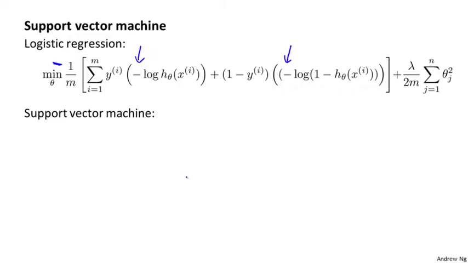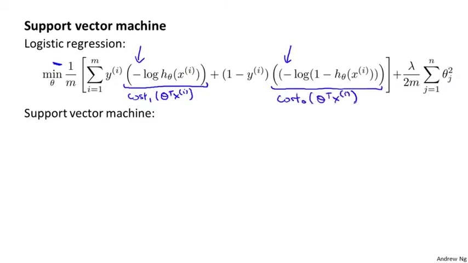For the support vector machine, what we're going to do is essentially take this and replace it with cost 1 of theta transpose x, and take this and replace it with cost 0 of theta transpose x, where the cost 1 function is what we had on the previous slide that looks like this, and the cost 0 function, again, what we had on the previous slide that looks like this.